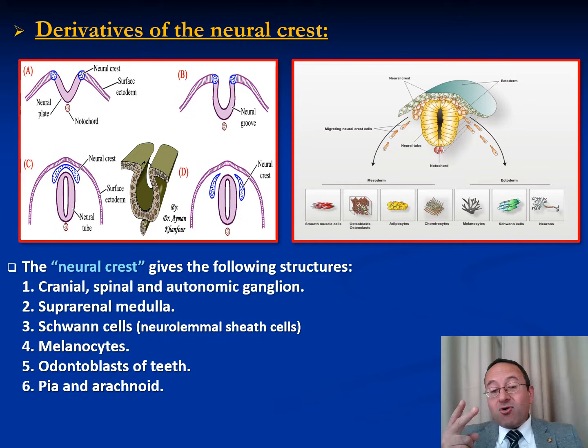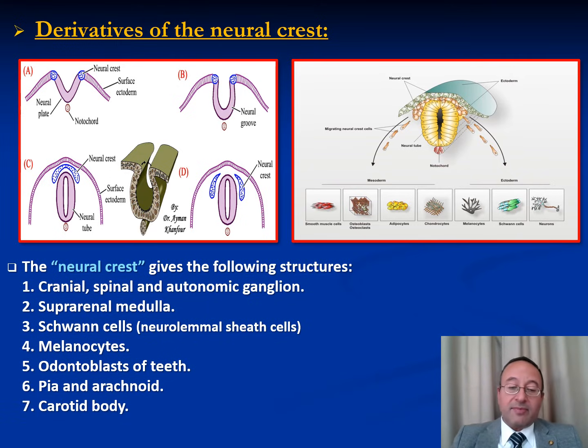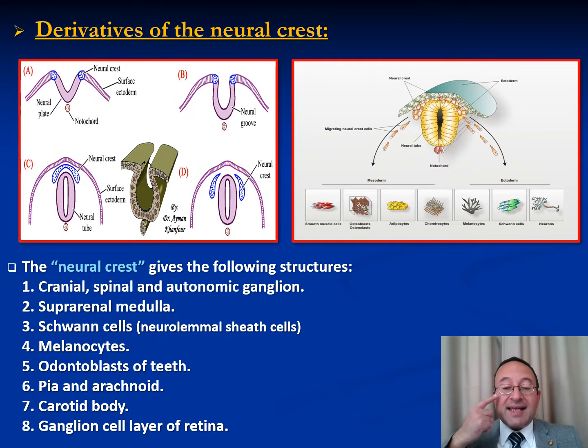Yes, two coverings of the brain, which are the pia and arachnoid matter. Always remember that the dura mater is not included. Carotid body, which is a sensory organ. Ganglionic cell layer of the retina.